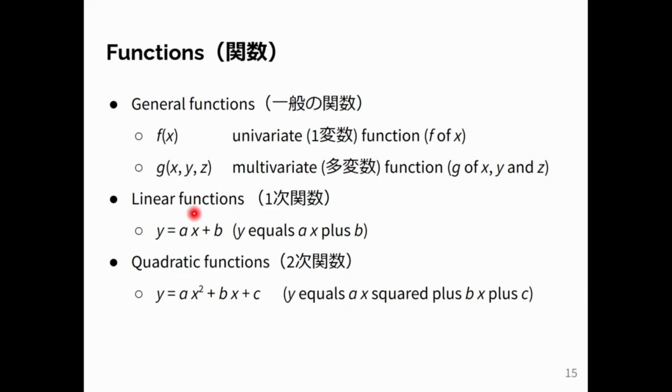And a little bit more on functions. The 二次関数 is called a quadratic function, like y equals ax squared plus bx plus c. But you do not have to remember the name. Sometimes you just take a look at the textbook or ask Google.